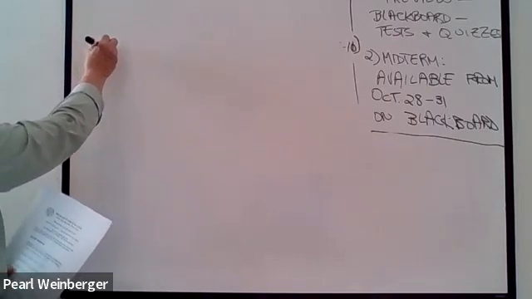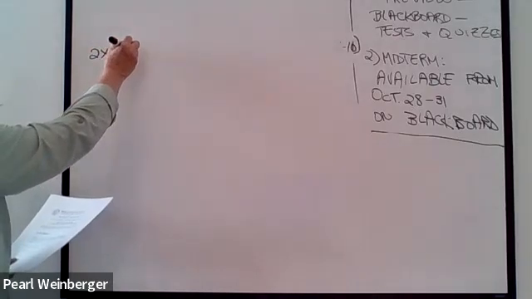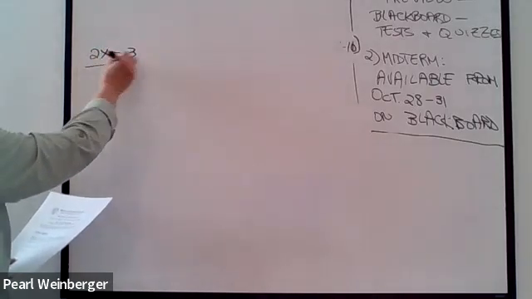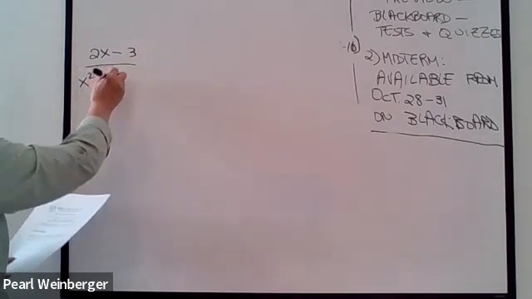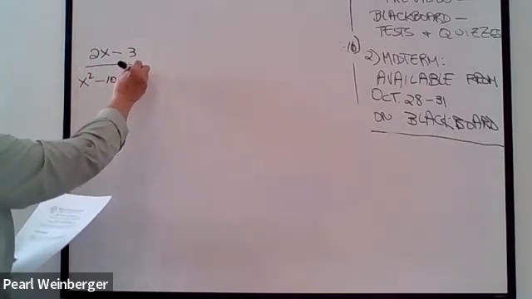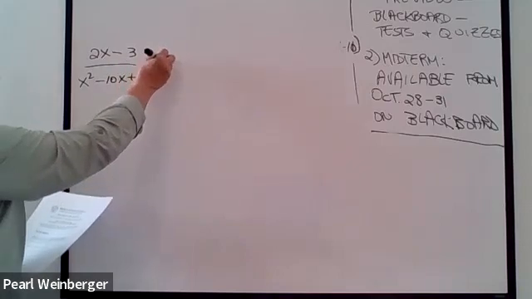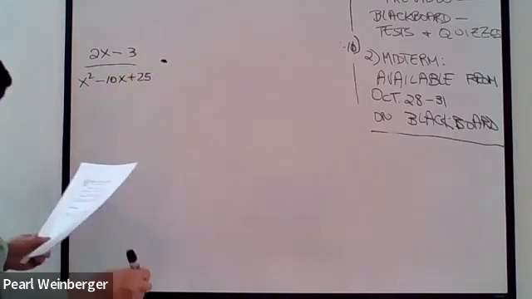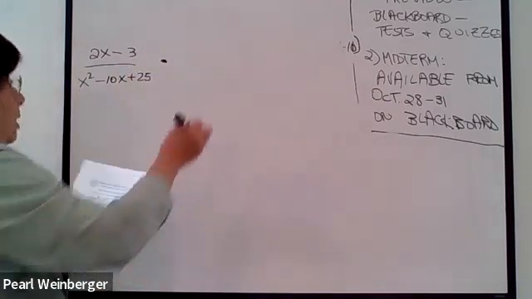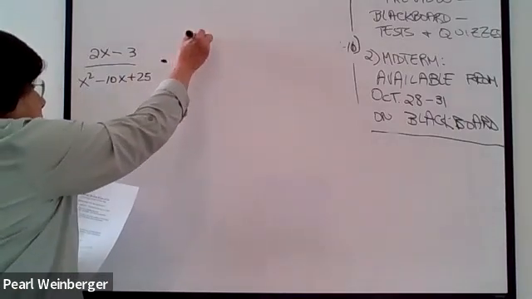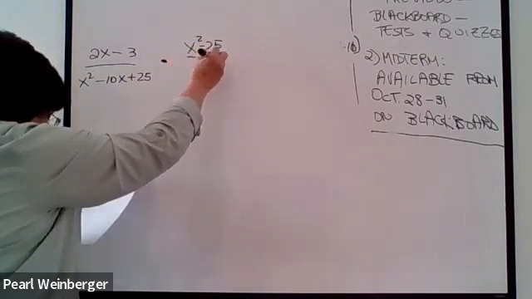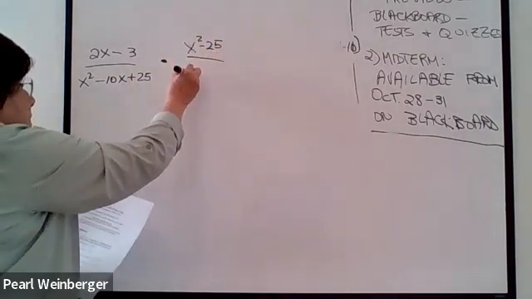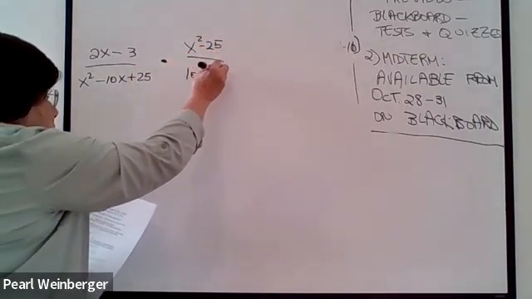Let's say I gave you this: 2x minus 3 over x squared minus 10x plus 25, times x squared minus 25 over 10x minus 15.